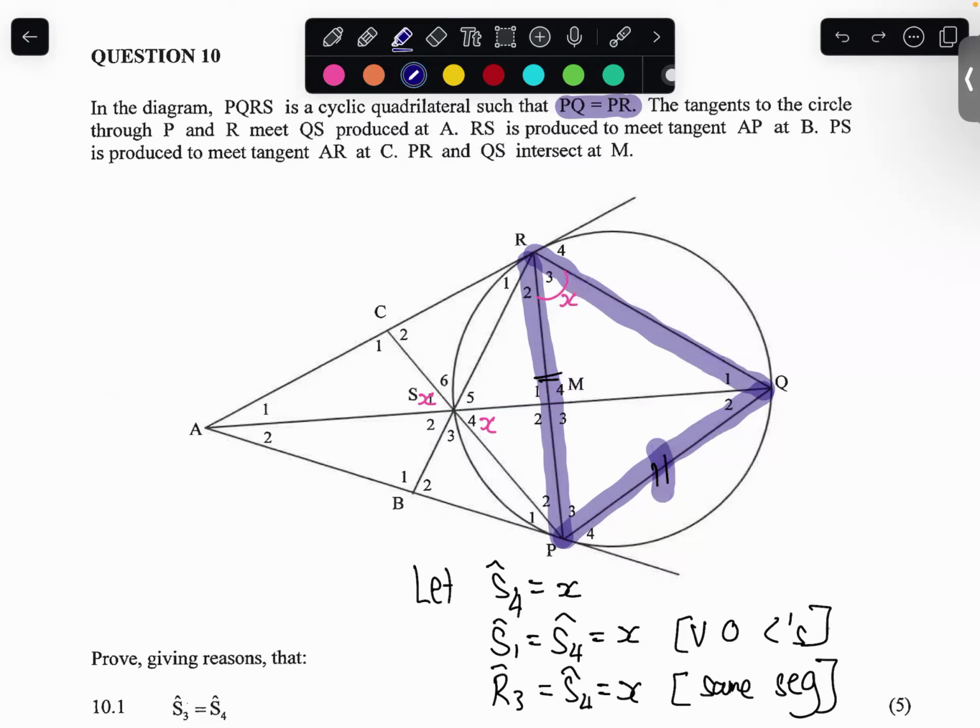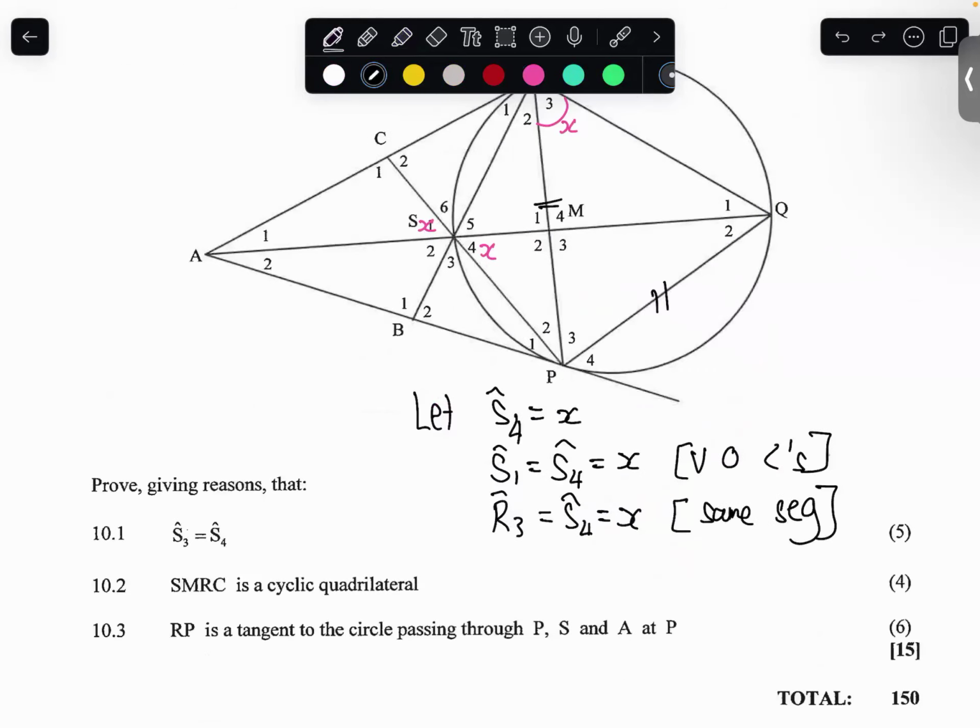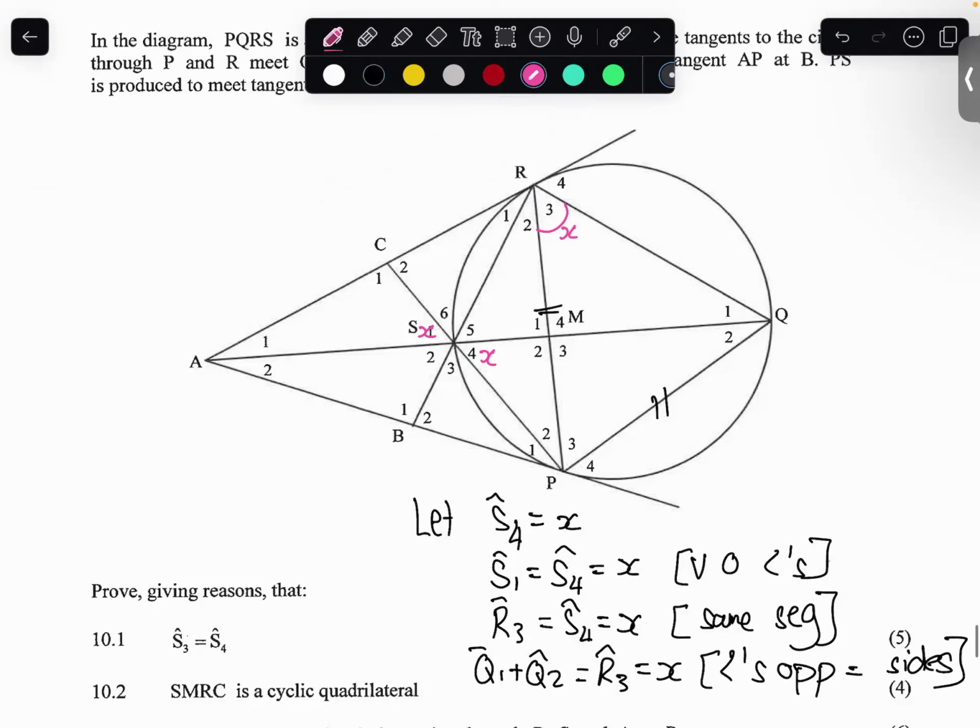So Q1 plus Q2 is equal to angle R3, which is equal to X, because of angles opposite equal sides. Which means this whole angle is X.